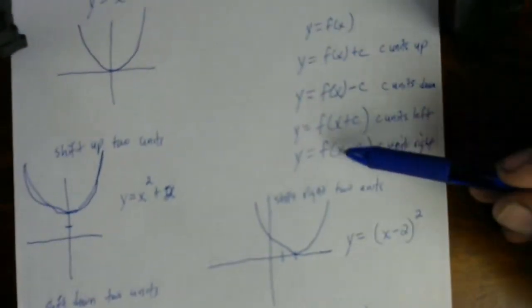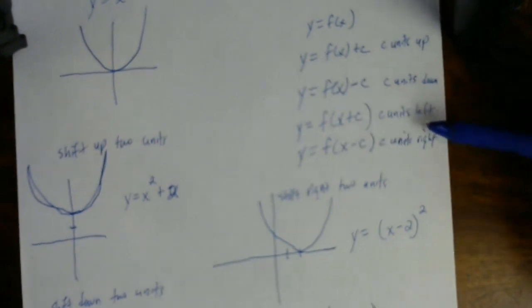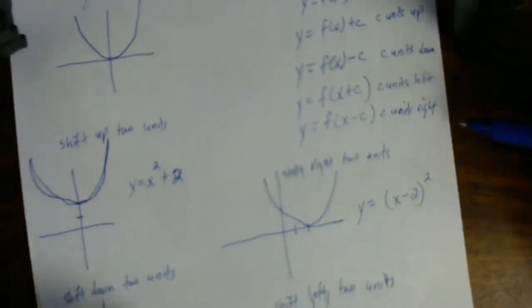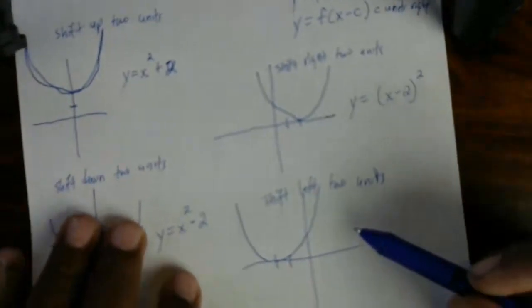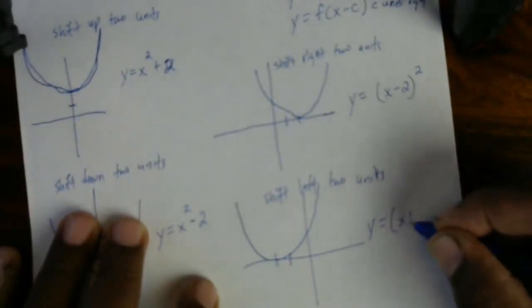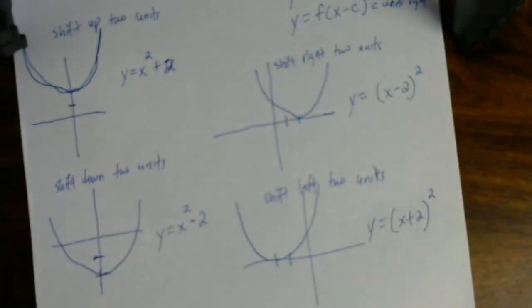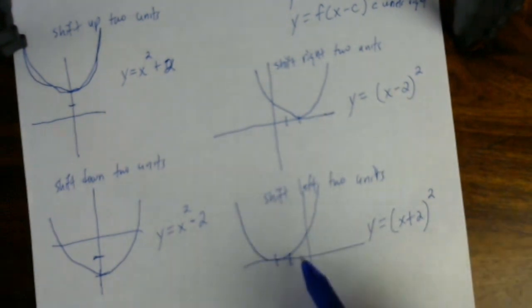Well, from our formulation, it says y is equal to f of x plus c is a shift left c units. So I want to write this out as y is equal to the quantity x plus 2 squared. And that should shift left 2 units. So let's take a look at these on the calculator.